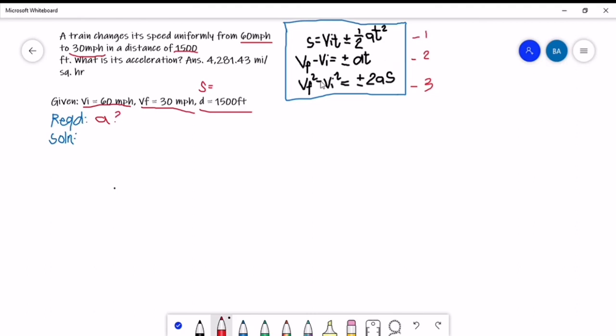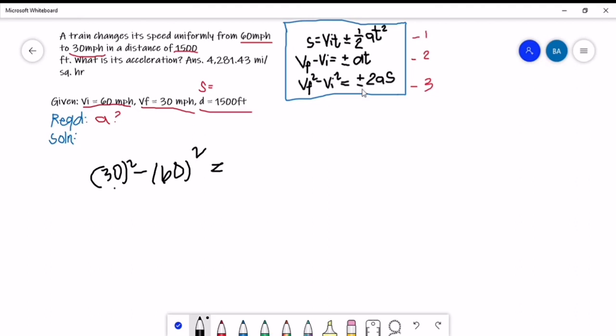So at this point, let's use this formula. Our v sub f is 30, and our v sub i is 60. What would be the sign I will be using? Is it positive or negative?